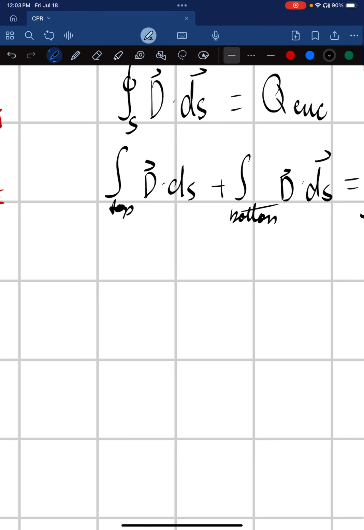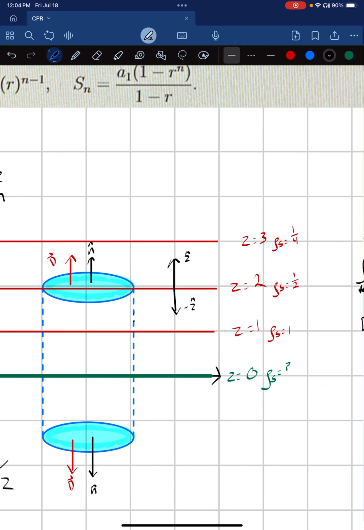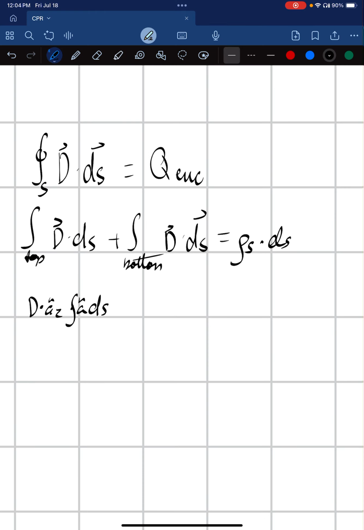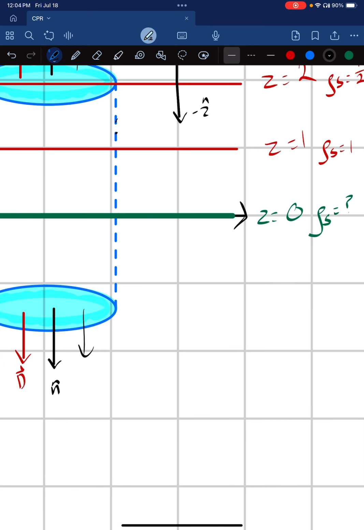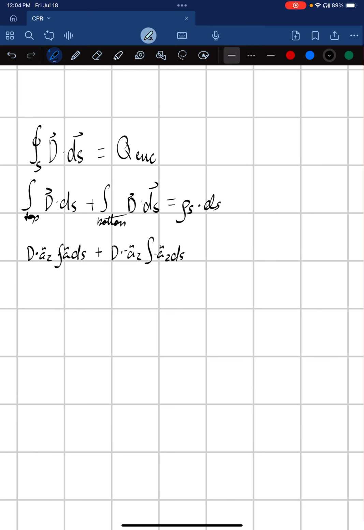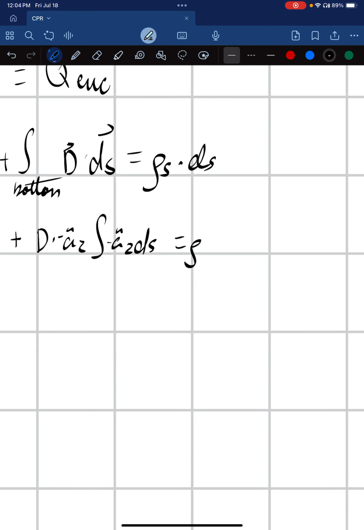For the top, it'll be D dot a hat z times a hat z dS, because this will be the normal, plus the bottom, which will be D dot negative a hat z times negative a hat z dS, because it will be coming out the bottom in the negative z direction. And then this will be equal to rho sub s dS.